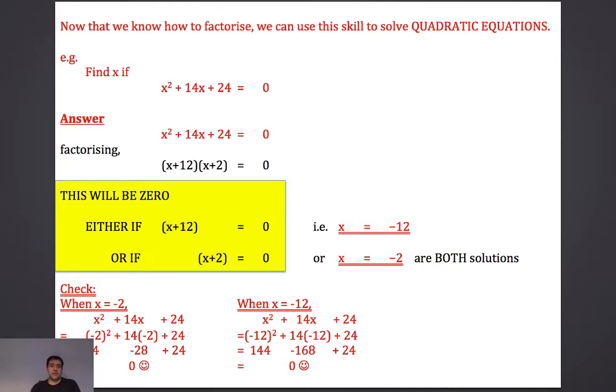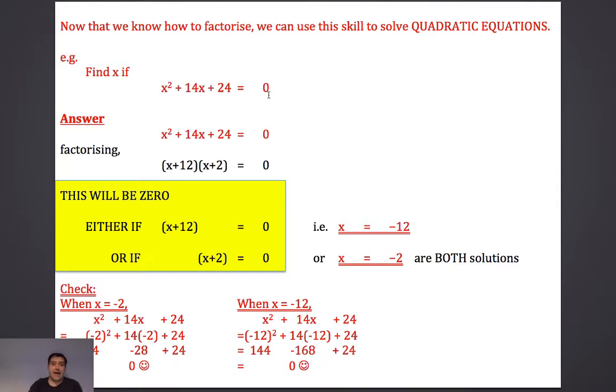So for x plus 12 to be 0, x would have to be minus 12, and for x plus 2 to be 0, x would have to be minus 2. So x equals minus 12 and x equals minus 2 are both numbers that will make this whole thing come out to be 0, and then logically working backwards, therefore they'll make that whole thing come out to be 0.